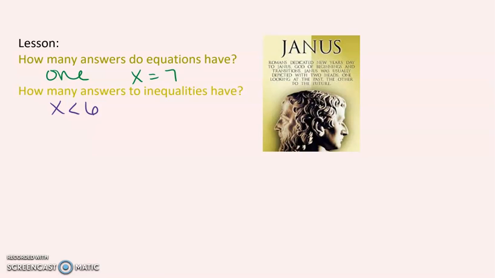There's an infinite number of answers that an inequality has, because 5 is less than 6, -3 is less than 6, -472 is less than 6, -5.99999 is less than 6. All of these numbers would fall in that answer selection. So there's an infinite number of answers that inequalities have, which is pretty cool.